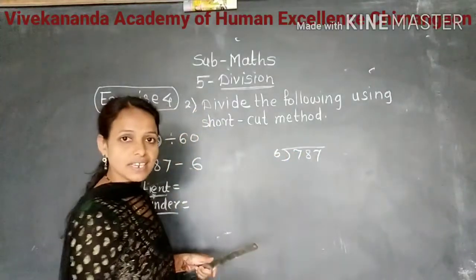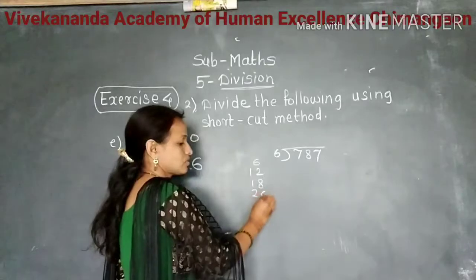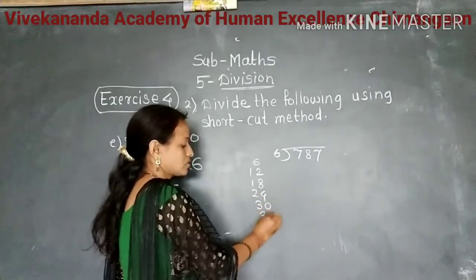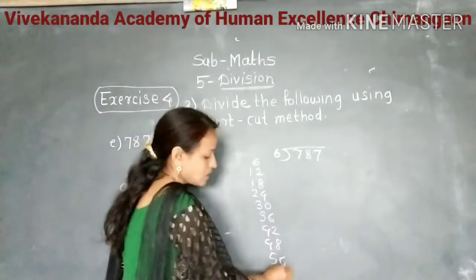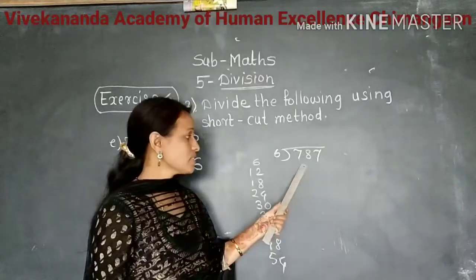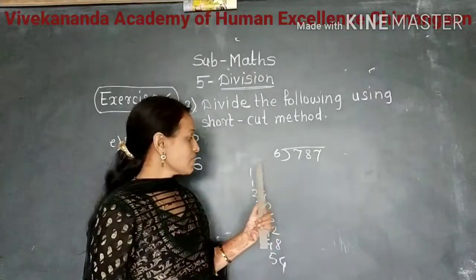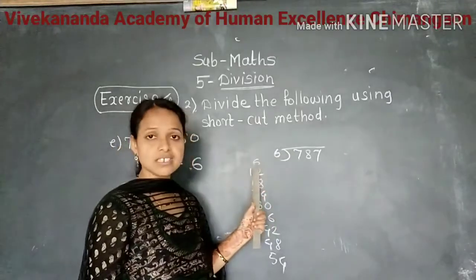First we write the 6 table. Now we divide the leftmost digit 7 by 6. 7 is not a multiple of 6, so take 6 ones are 6.